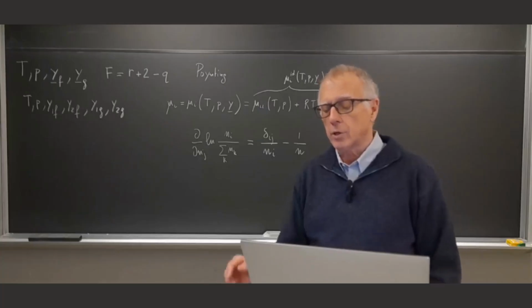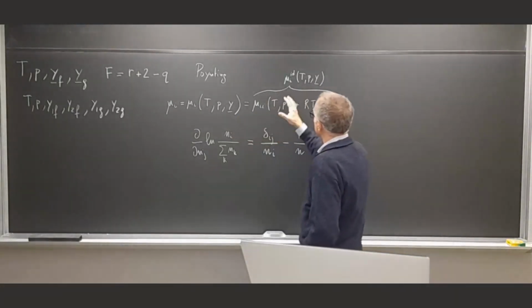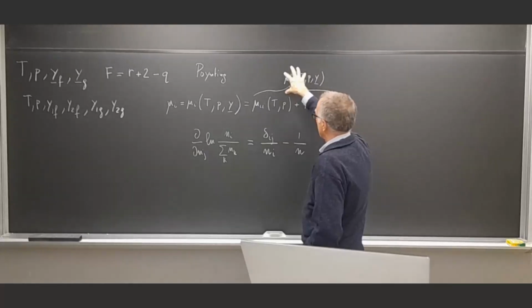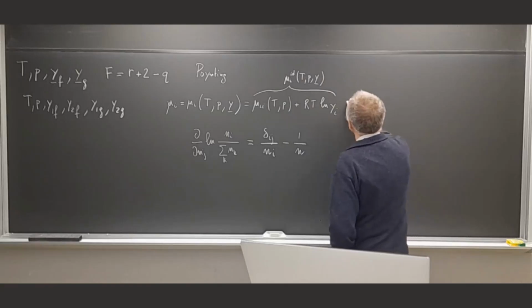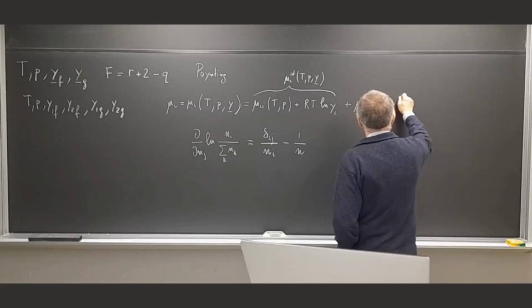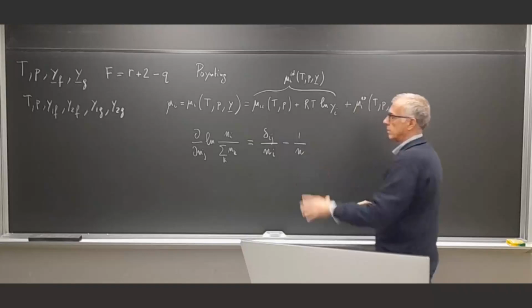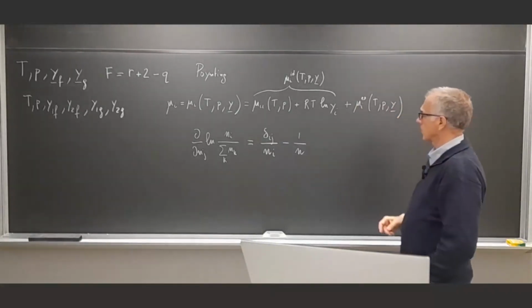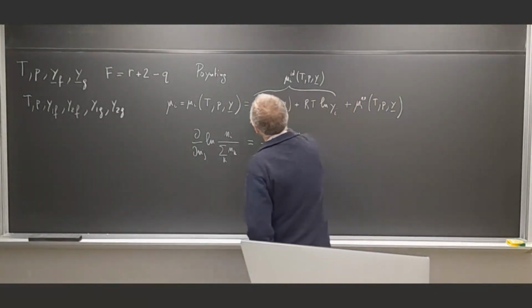In other words, we are going to call excess chemical potential the difference between the actual chemical potential and this ideal one. Essentially, for the real mixture, we need to define how the behavior departs from ideal. And this is called excess chemical potential. Or remember also this.